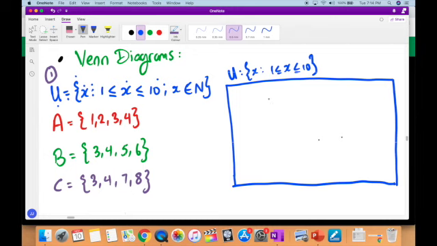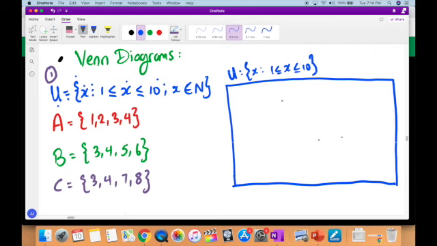Nice. Now let's check the rest of the sets here. We can see the set A has 1, 2, 3, 4. The set B has 3, 4, 5, 6. And the set C is 3, 4, 7, 8. So let me ask you something.